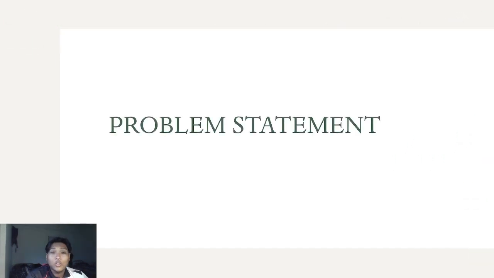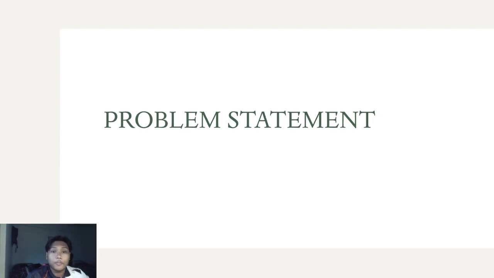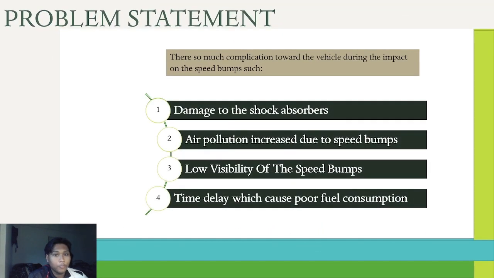Now we go to the major part of our assignment to develop our product, which is the problem statement. We must do some research on our problem so we can make a better product to solve it. What is the problem? There are many complications toward the vehicle during the impact of the speed bump, and that is our main problem.